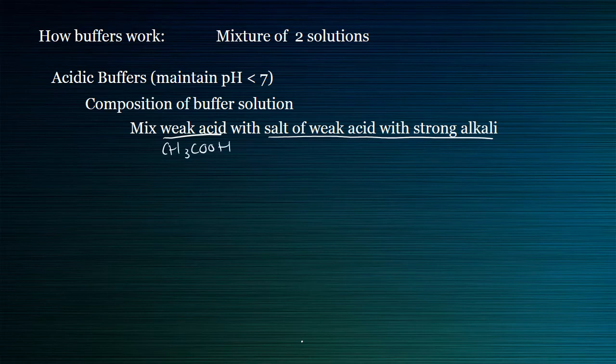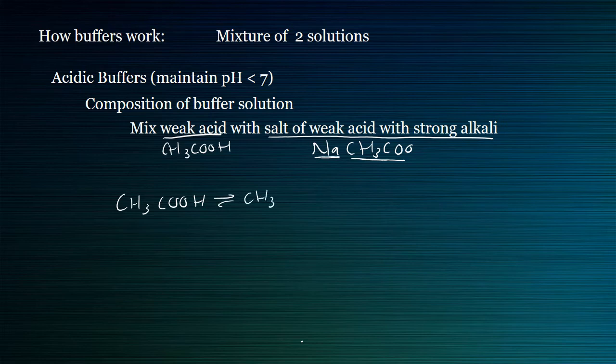CH3COOH is a weak acid. And the salt, which means NaCH3COO, so we have that weak acid still present, and it is with the ion of a strong base. So how this works: CH3COOH is going to dissociate, and not fully, because it's weak, into its ions.